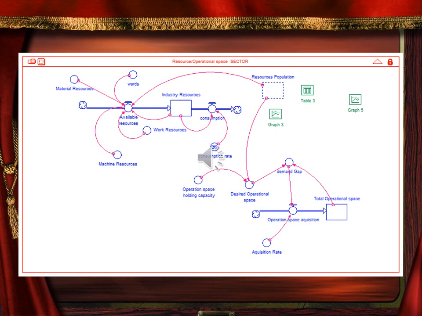But industry resources are affected by the resource population. Resource population affects industry resources indirectly through the available resources, but at the same time the resource population also directly affects the desired operational space, because we think that desired operational space depends on what resources we have: how many employees we have, how many machines we have, how many materials we have.